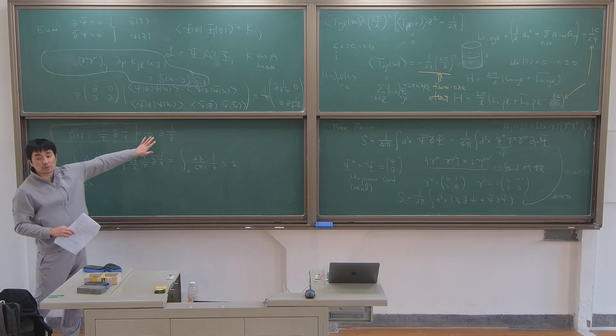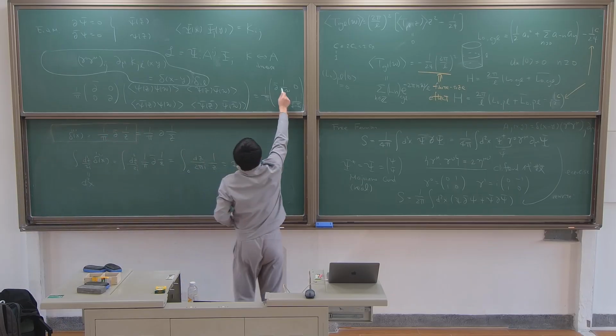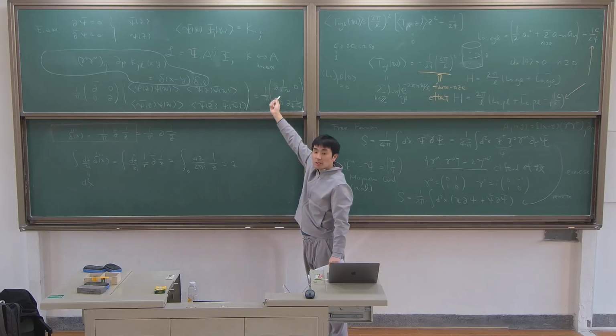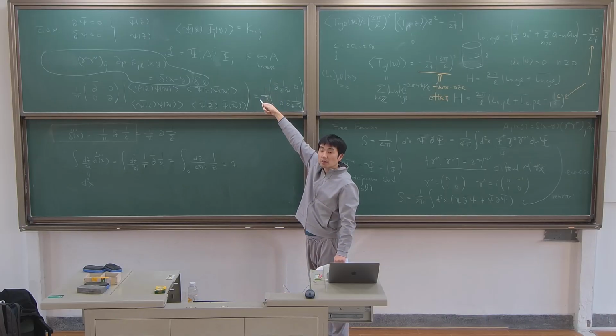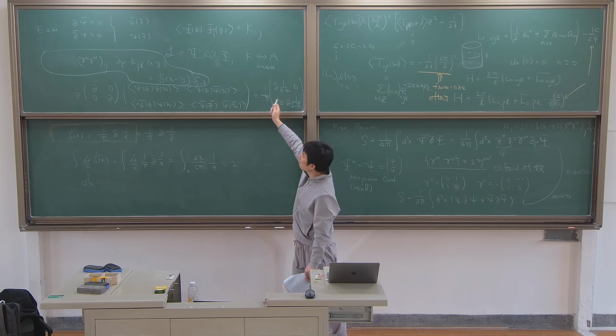The same thing for this one. So on the right hand side, I use the fact that this delta function can be rewritten in terms of the derivative of 1 over z. Okay, that's what I use for the right hand side.